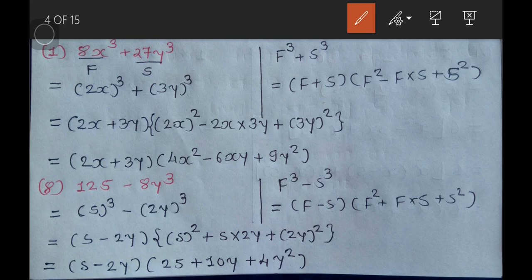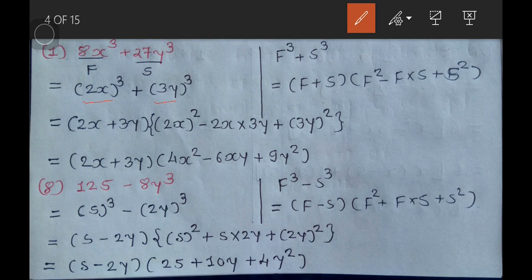Yes, here only two terms are given, and now we have to find whether each term has a cube root. So here you can find that 8x cube is the cube of 2x, and 27y cube is the cube of 3y.